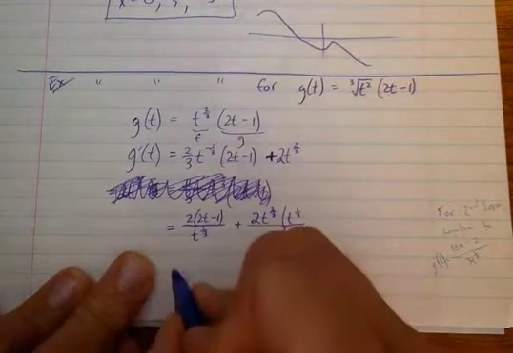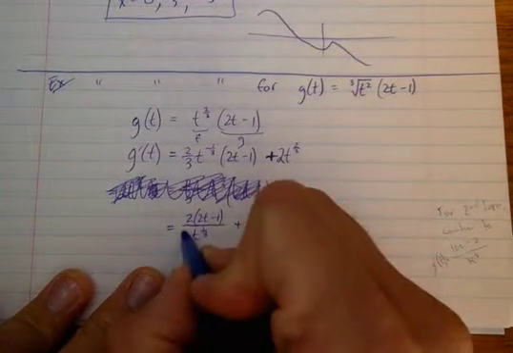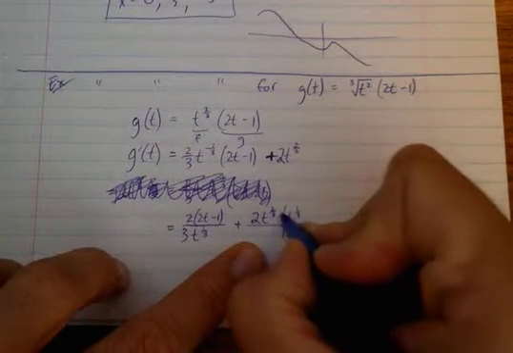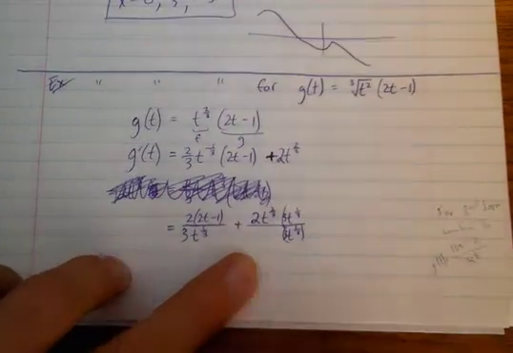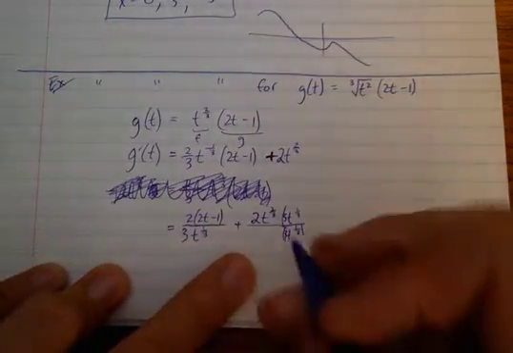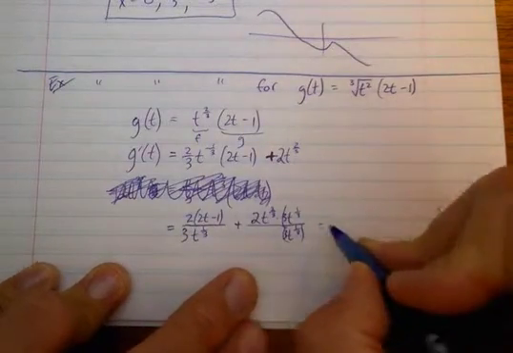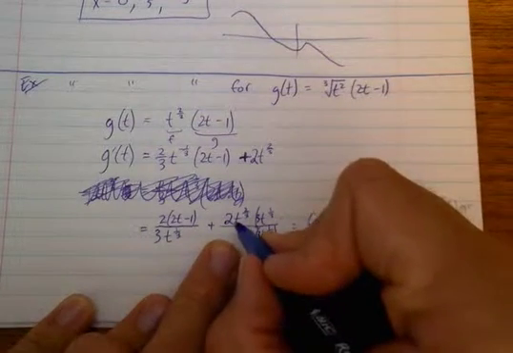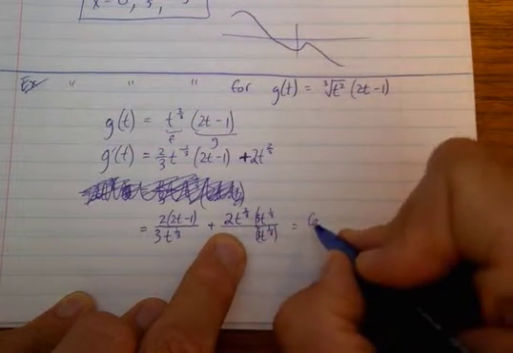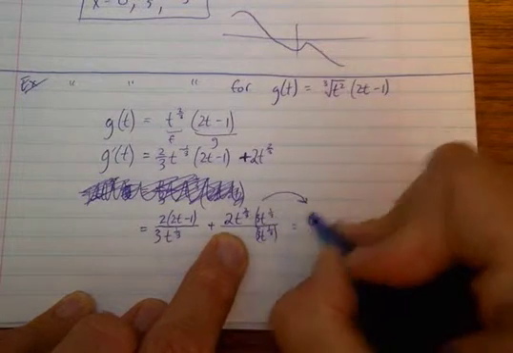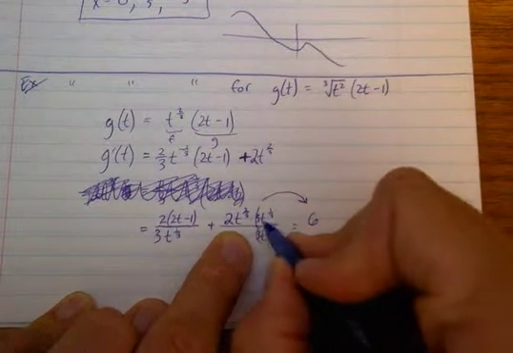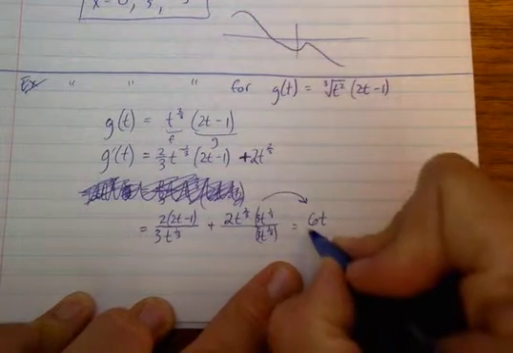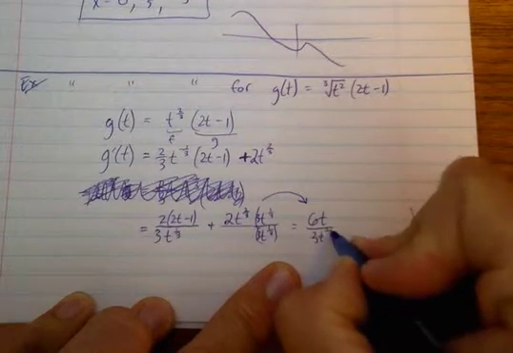Oh, I forgot my 3 down here. I apologize. So that's going to be times 3t to the 1/3 to get a common denominator. So up top, that's going to give us 6 for this little guy. That will give us 6t to the 2/3 plus 1/3 is just 6t over 3t to the 1/3.